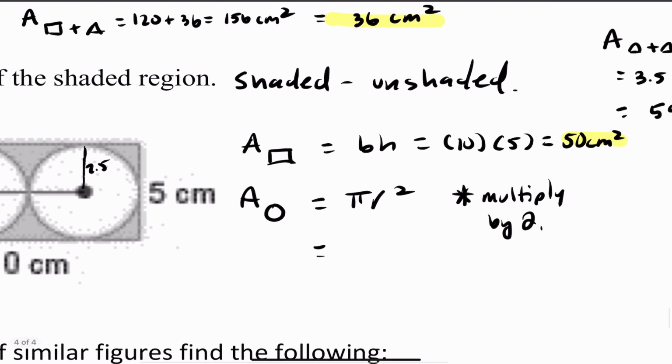So I can say pi times 2.5, the quantity squared, that's going to be 19.6. And yes, you will put this into the calculator. So it's 19.6 centimeters squared. So I'm going to highlight that as well. And we can't forget to multiply by 2 because we have 2 circles.